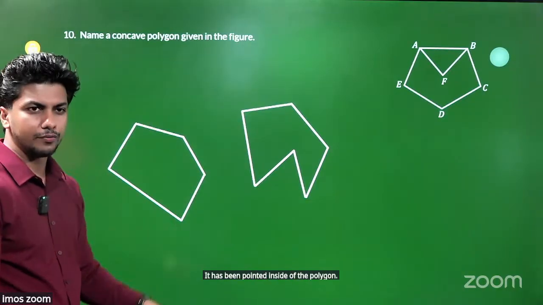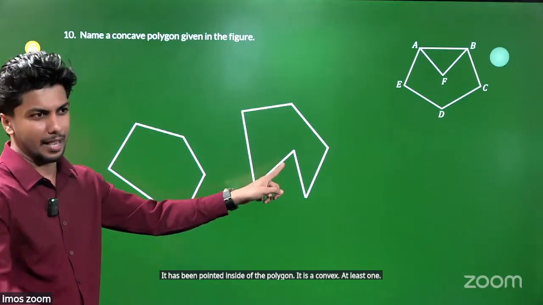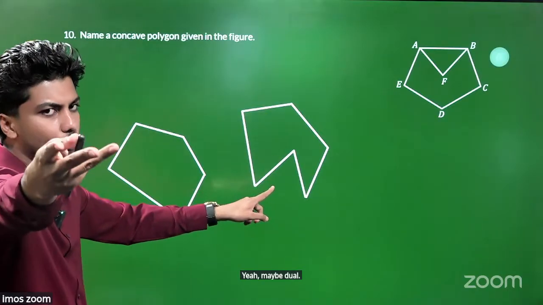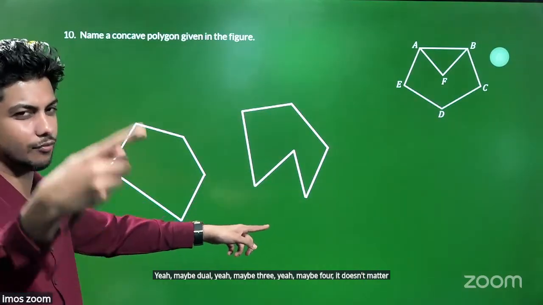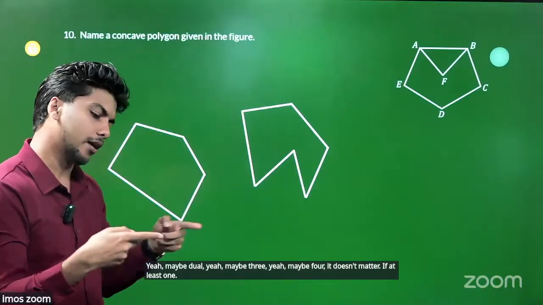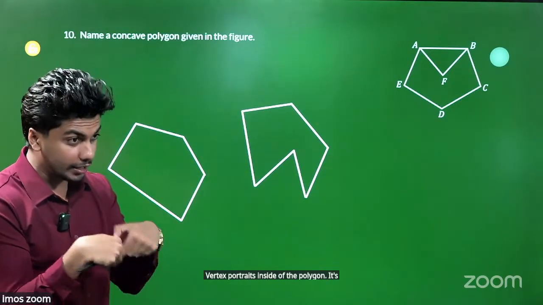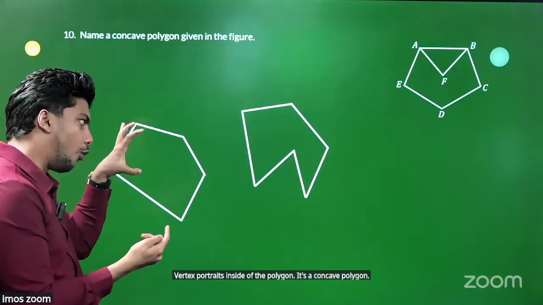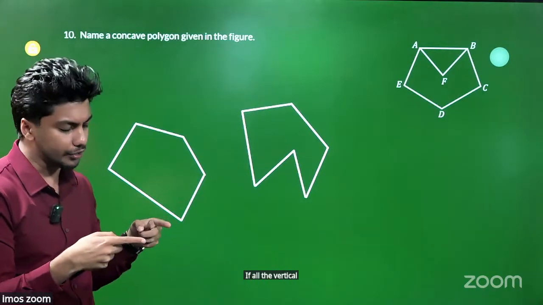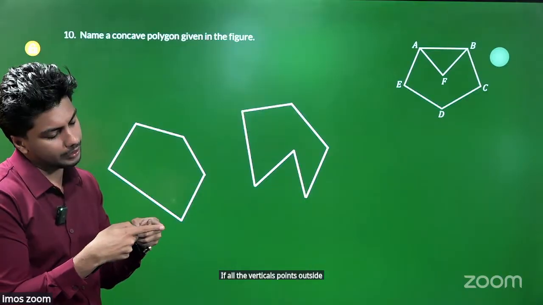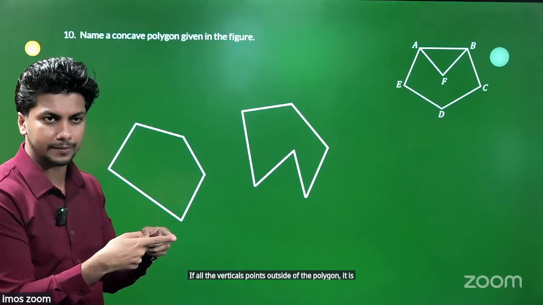It is concave. At least one. There may be two, three, or four; it doesn't matter. If at least one vertex points inside of the polygon, it's a concave polygon. If all the vertices point outside of the polygon, it is a convex polygon.